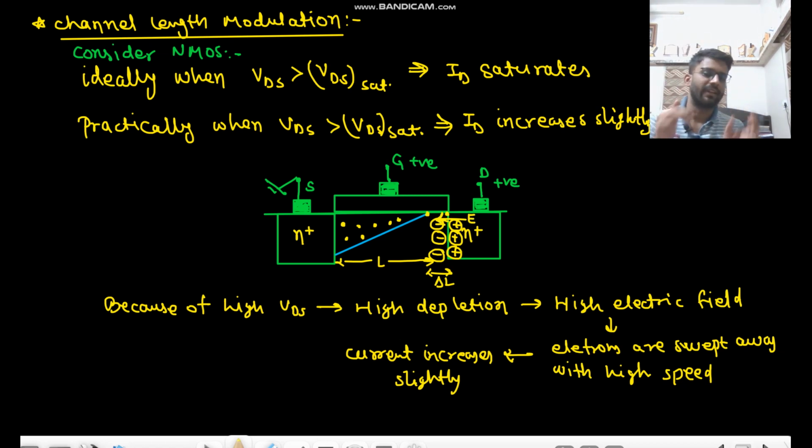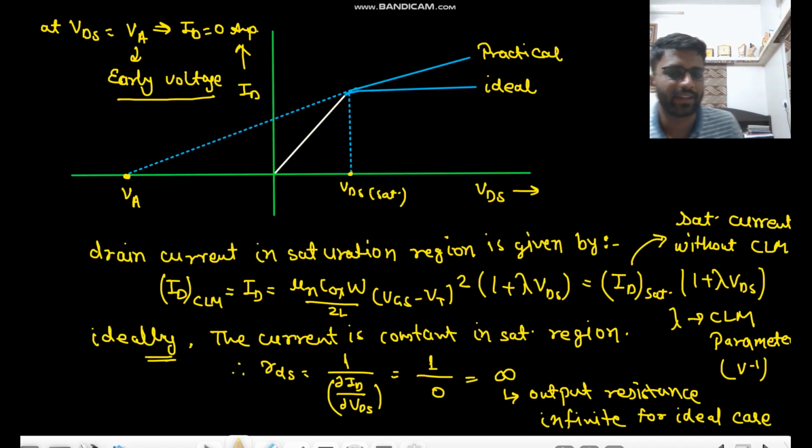L would be the complete channel length, and this much length we call delta L. So L minus delta L would be the channel length now. By that you can simply derive it, but you don't need to go to the derivation.